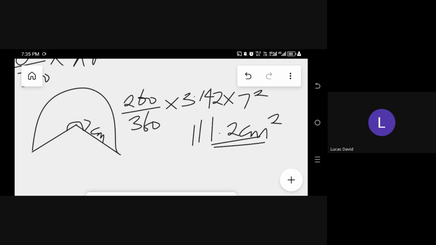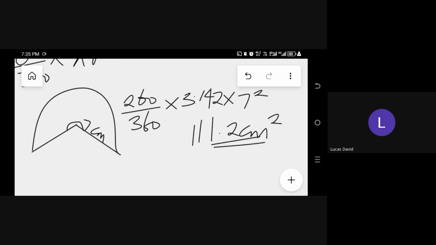To one decimal place. Please take note of the correct units. If you're looking for length, your answer should be in centimeters. That's when you're looking for length. If you're looking for the area, which you have to use its formula, please be sure that your answer is in the correct unit.